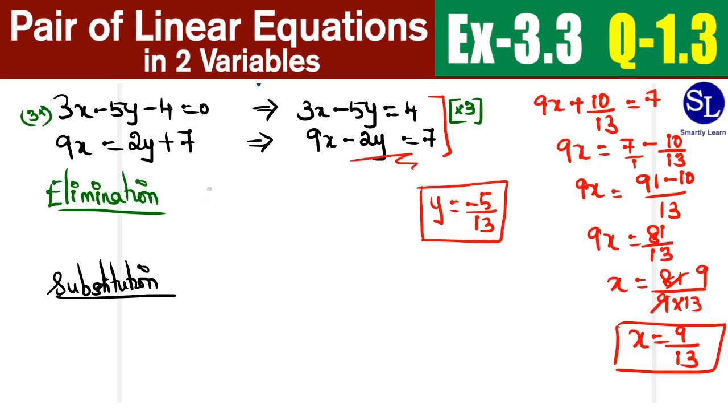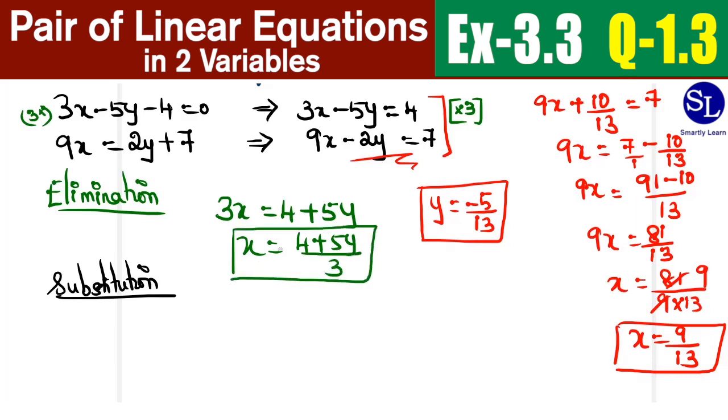So in substitution, I'm taking the first equation, 3x is equal to 4 plus 5y, and this means x is equal to (4 plus 5y) by 3. I'm going to put this value of x inside the second equation. So 9 into (4 plus 5y) by 3 minus 2y is equal to 7.